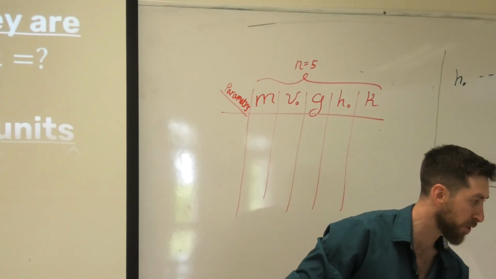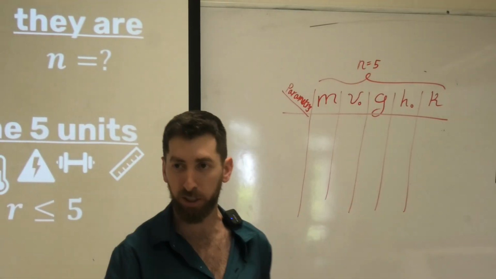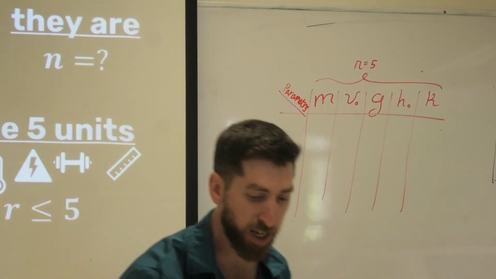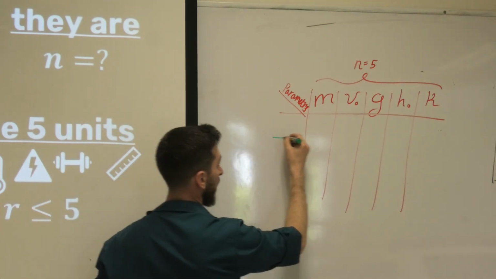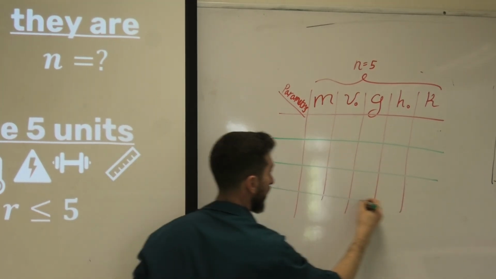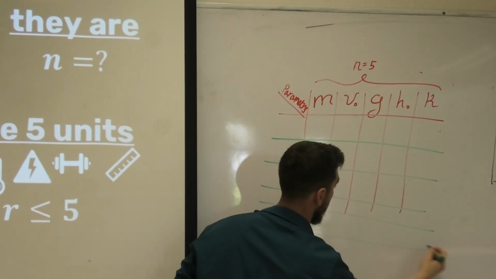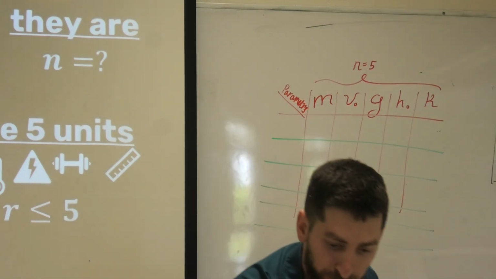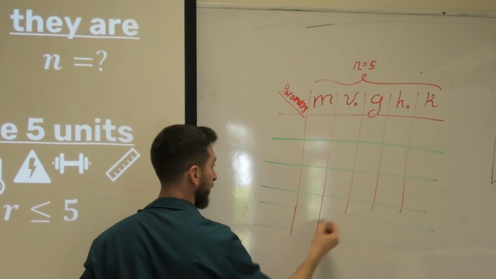The second step of the method is to realize what the units of these parameters are, because we want to simplify it down. So what are all the units that we have in physics? It's narrowed down to only 5. What are they? 1, 2, 3, 4, 5. So what are the basic units?